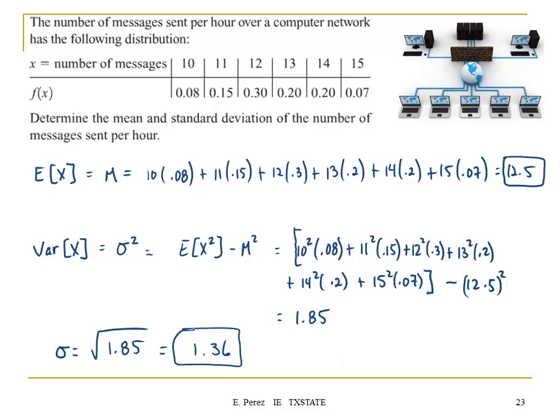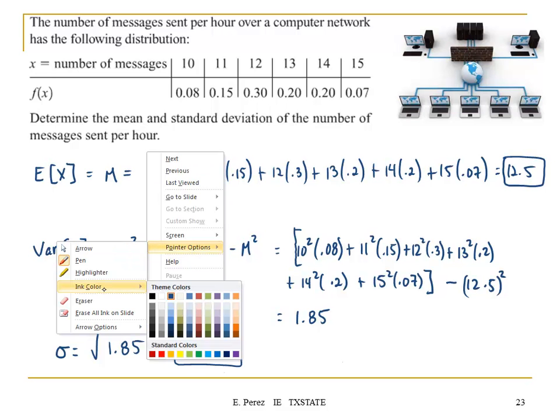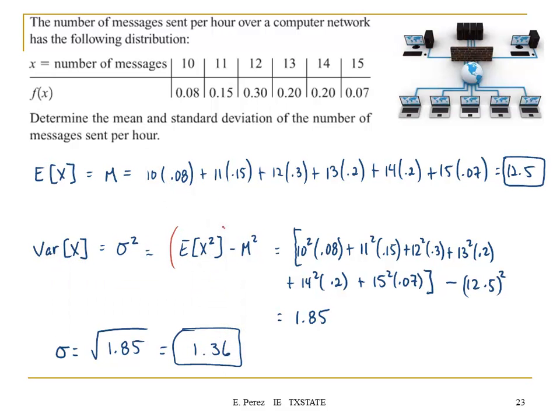So this whole term here is just for E of x squared. Okay, let me make that clear. Let me use a different color here, maybe. So this is this. Okay? Any other question?